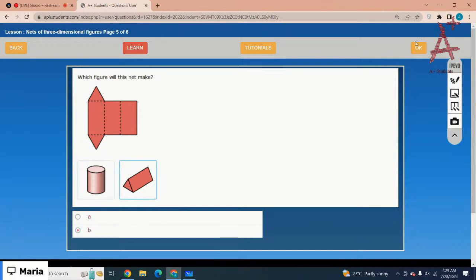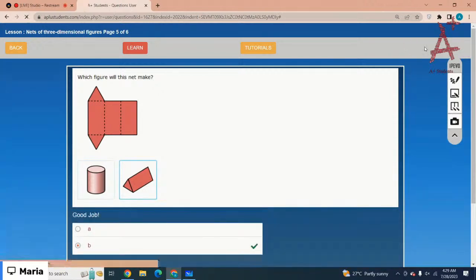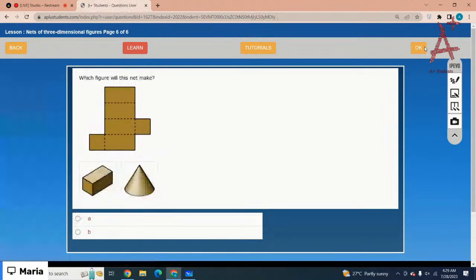So obviously that would be option number B. The correct option is option number A. You can just see the faces.